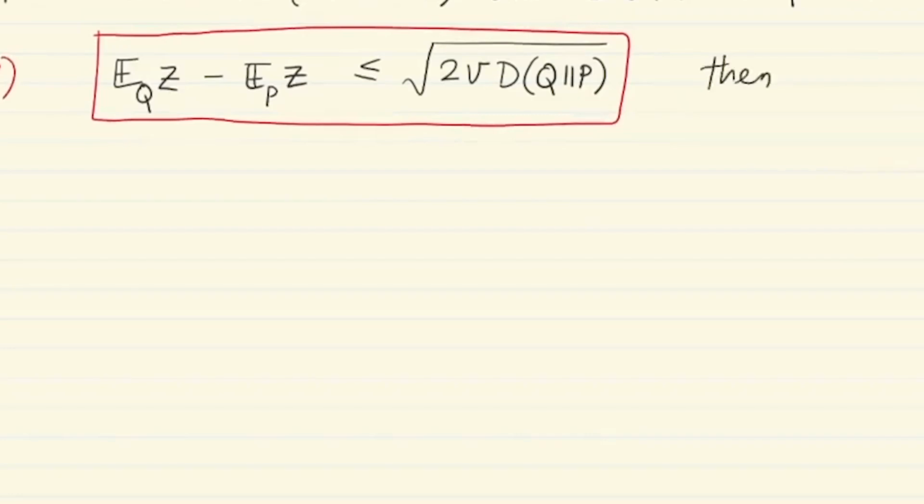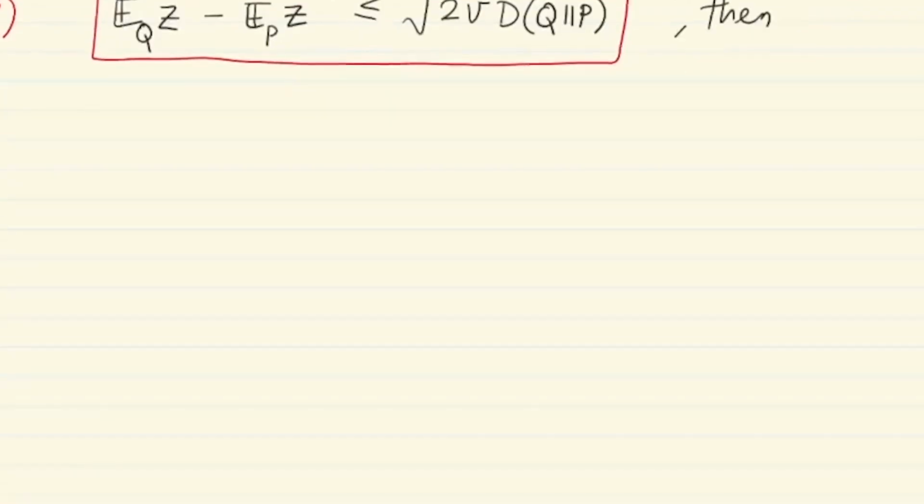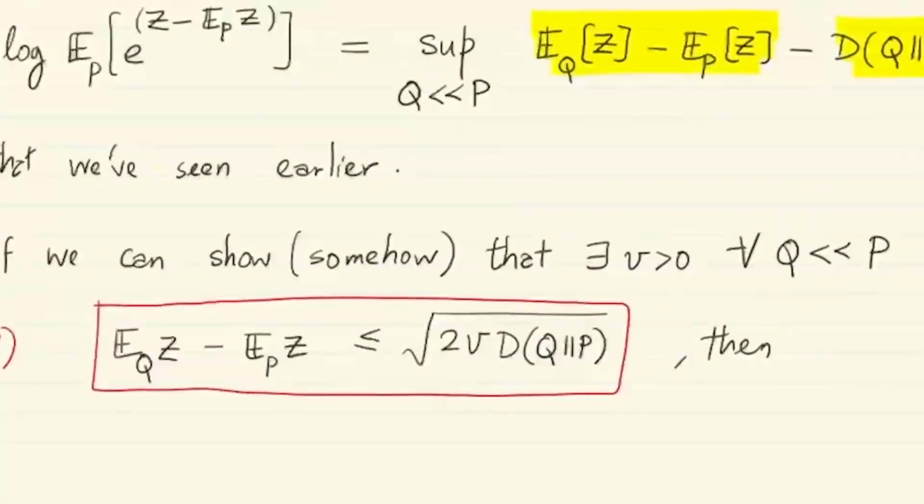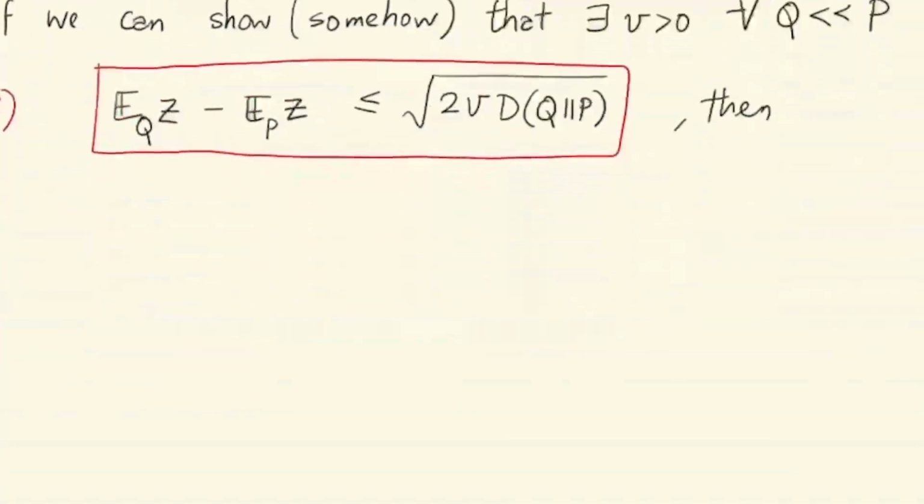Then we will have an upper bound on this difference of expectations with respect to q and p for z, and we can go ahead with upper bounding the objective function in the variational formula as follows.